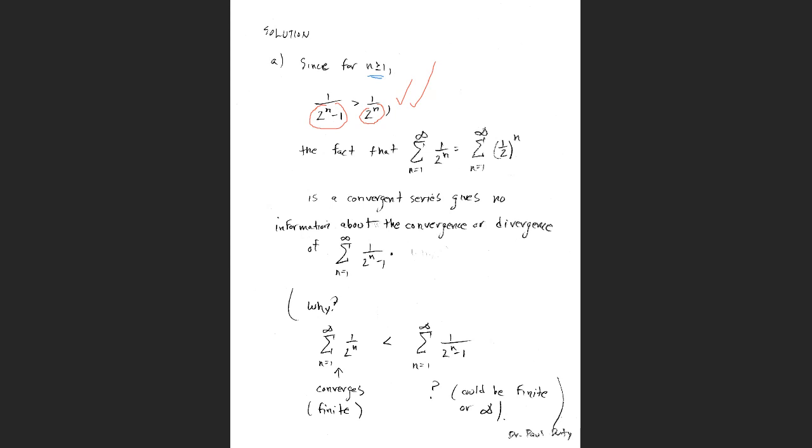All right, so we know that the series from n equals 1 to infinity of 1 over 2 to the n is a convergent series, because this is geometric. It's geometric, and it has a common ratio of a half, which is, you know, less than 1.